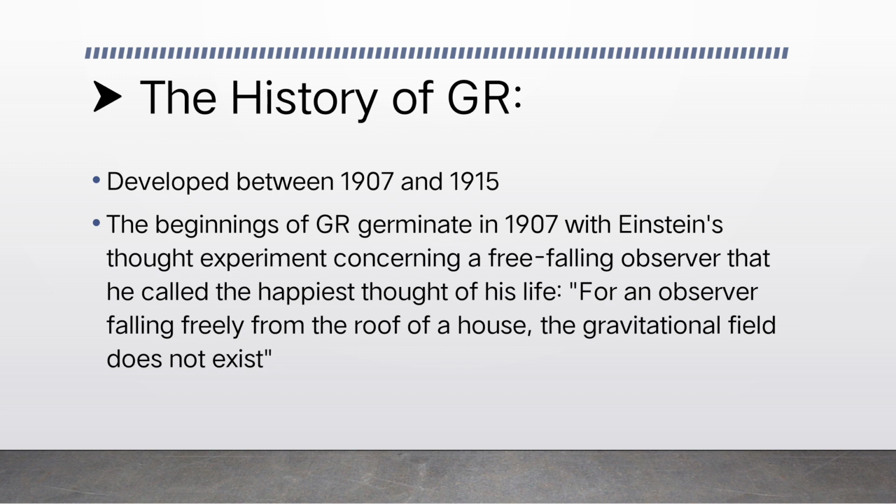The beginnings of GR germinate in 1907 with Einstein's thought experiment concerning a freely falling observer, which he called the happiest thought of his life: for an observer falling freely from the roof of a house, the gravitational field does not exist.